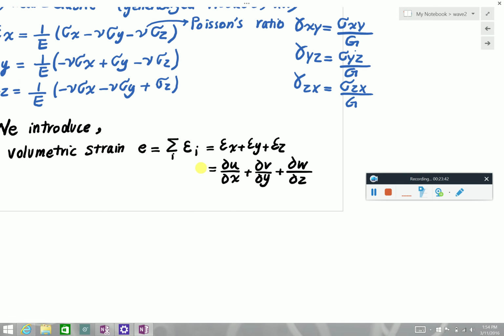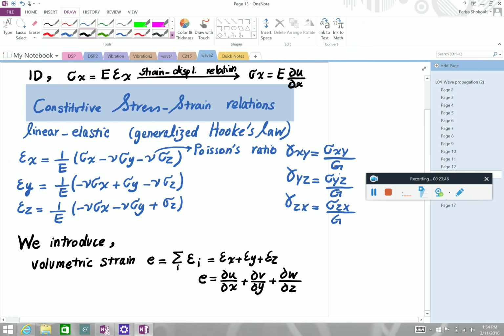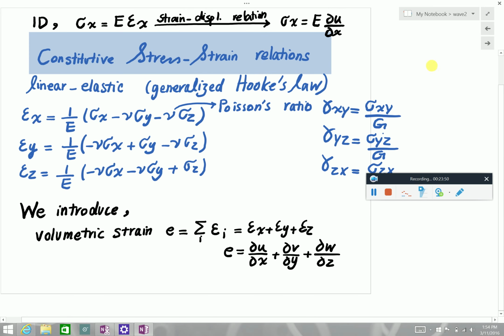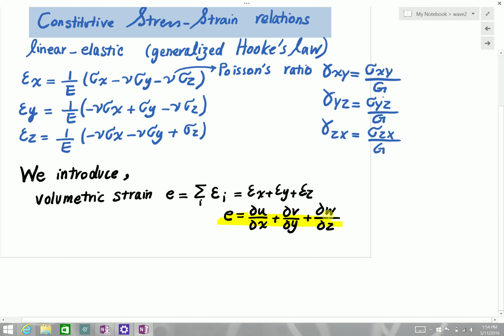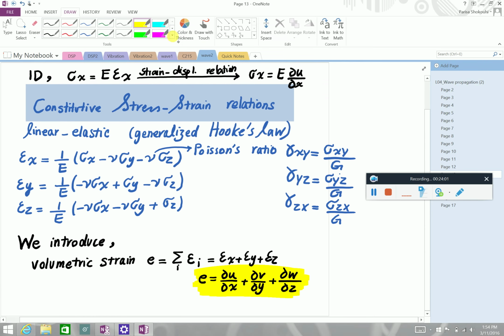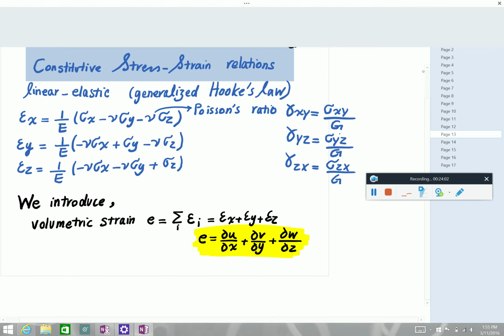So this will be one important parameter. The other one are the rotational strains. They also come very handy.